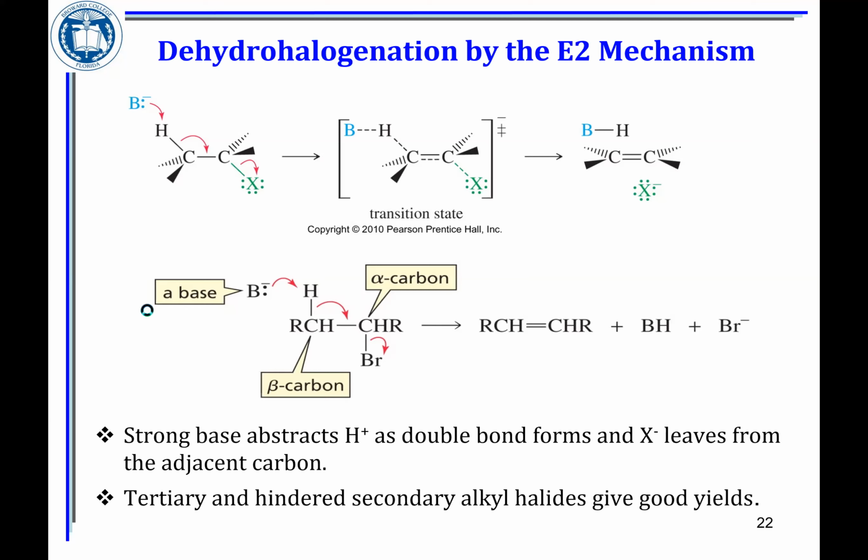But if it's not a bulky base, then it would go for the more substituted carbon to remove the hydrogen from, because it wants to make sure that the alkene produced is the more stable alkene. The removal by the base and the leaving of the leaving group often happen from opposite ends, so from two opposite directions.